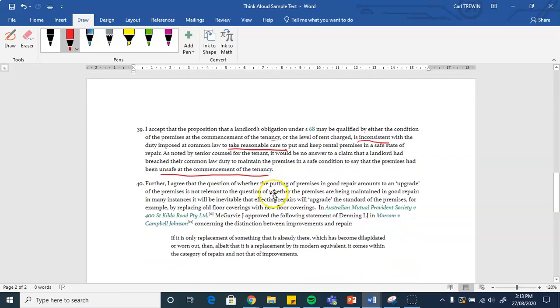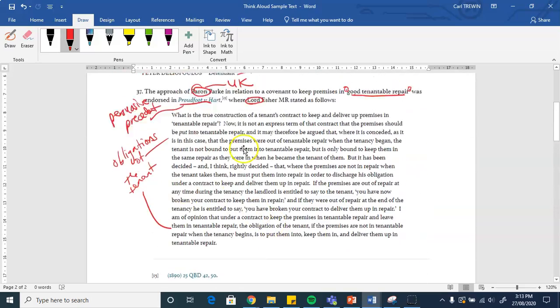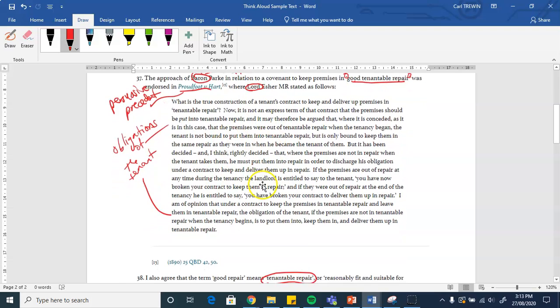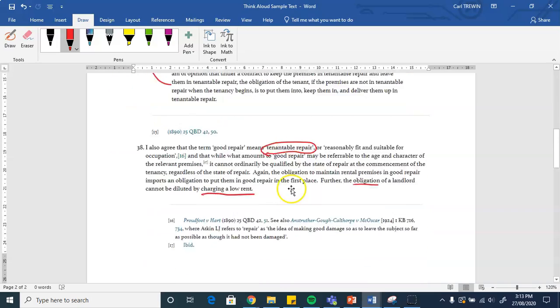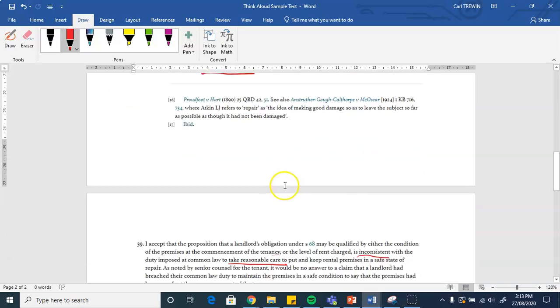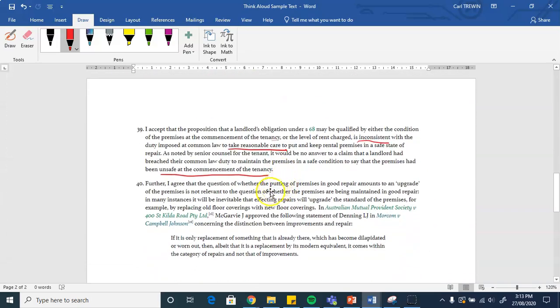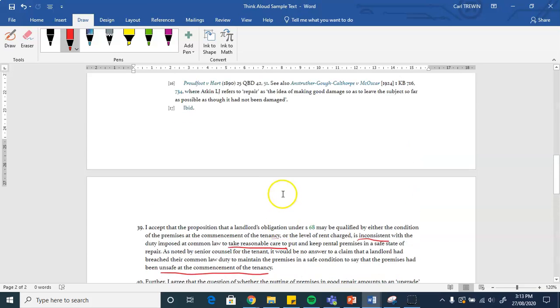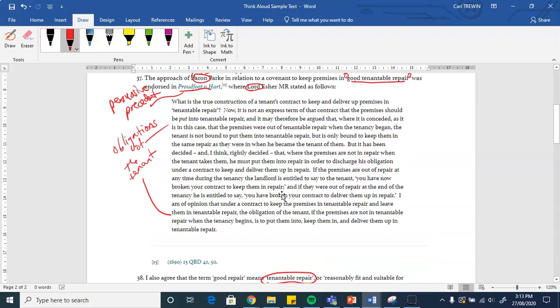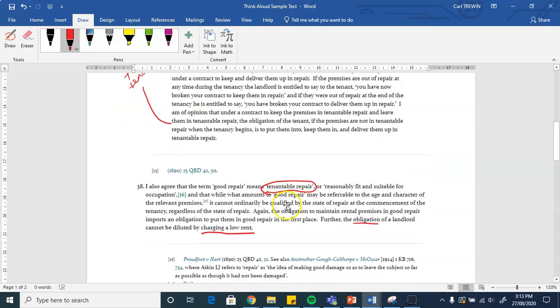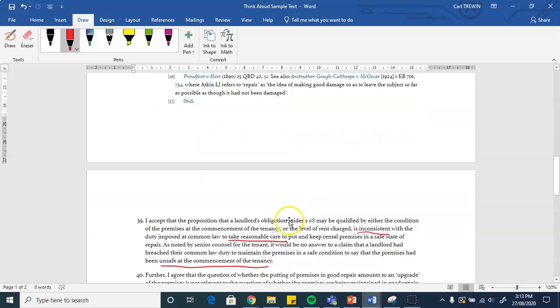So I found it really interesting how the judges used this case as persuasive precedent to guide their thinking, but ultimately applied it in a slightly different way. It's really important that we don't simply stop at the end of the persuasive precedent, because that would give us an idea about what might be applied, but wouldn't actually give us the judicial reasoning in this case.